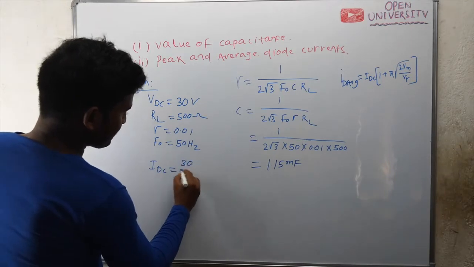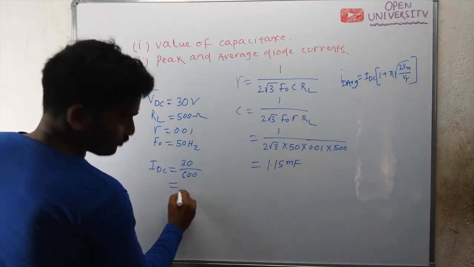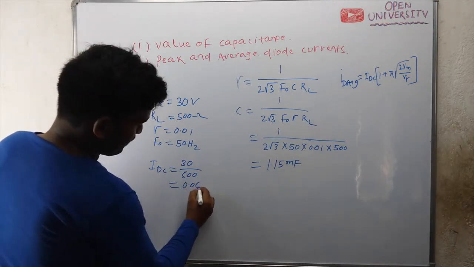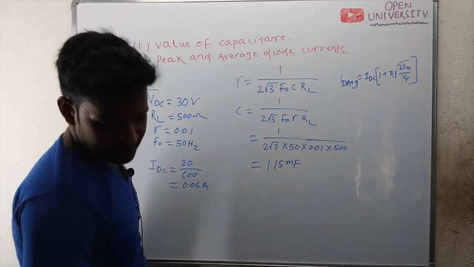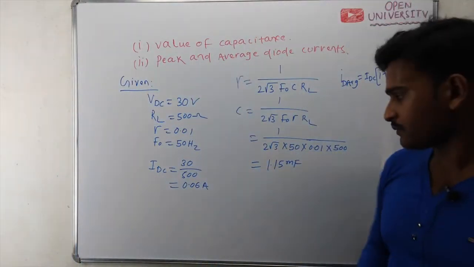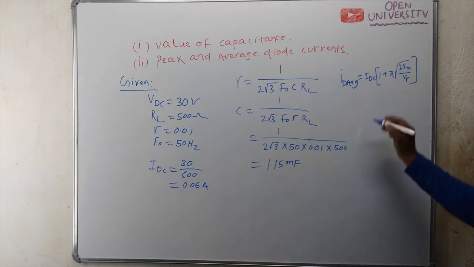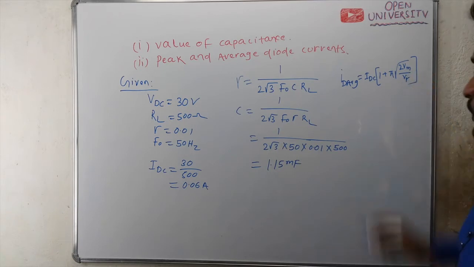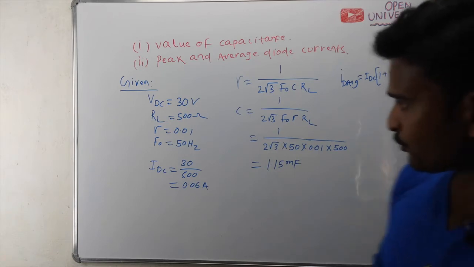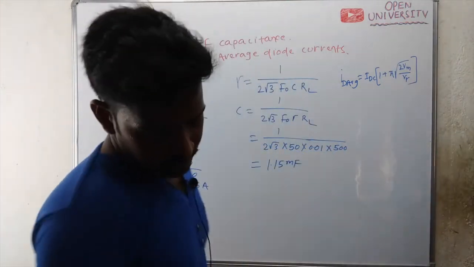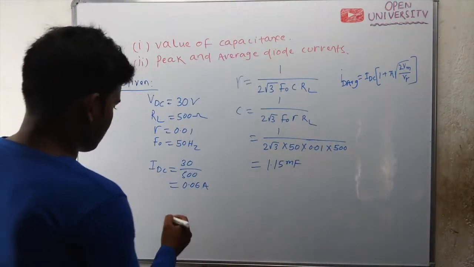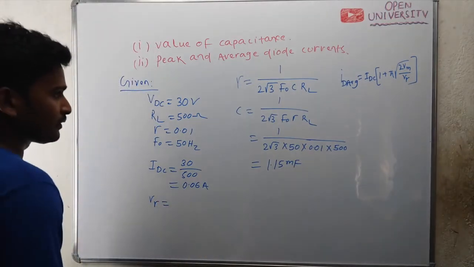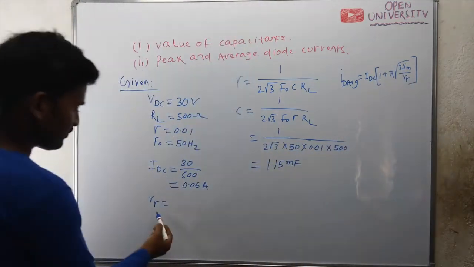What is VDC? 30. What is RL? 500. Then IDC will be 0.06 ampere, or 60 milliampere. What is Vm? In order to find Vm, first let's find the peak to peak ripple voltage VR.